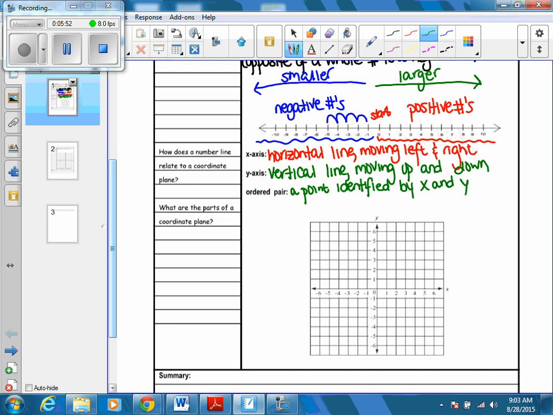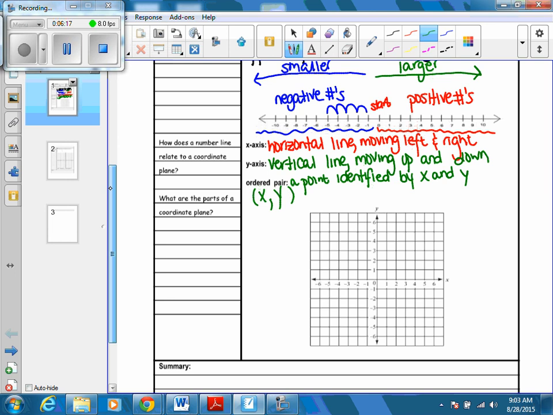Whenever we're writing an ordered pair, we always write it in parentheses. The x always comes first, then we write a comma and y. So when we're graphing from now on, we're going to have 2 points. The first point that we graph is the x, and then we have to figure out what the y is.